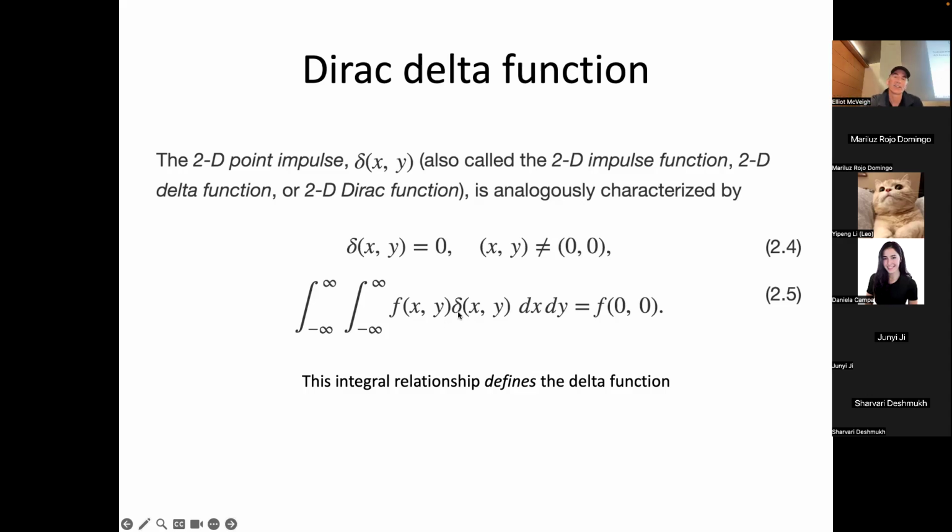And the delta function at the origin is the function such that when I multiply my image by that delta function and I integrate across the entire image, right, it pulls out the value of my image at one point, at 0, 0, right? So that's the definition of what the delta function does. It sifts out a value of your function at a specific point, right? And in this case, well, it happens at 0, 0, okay?